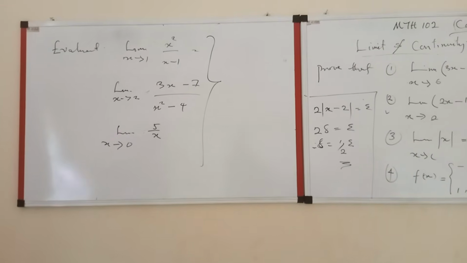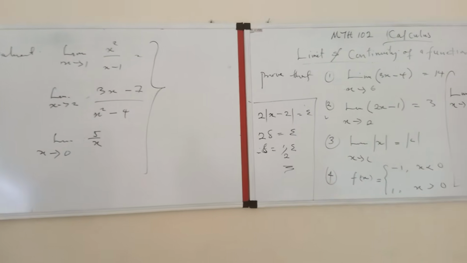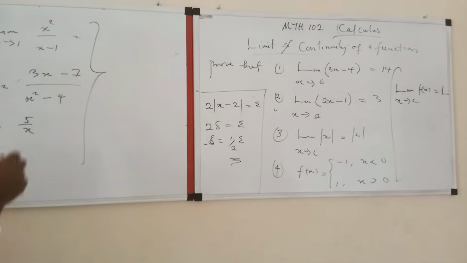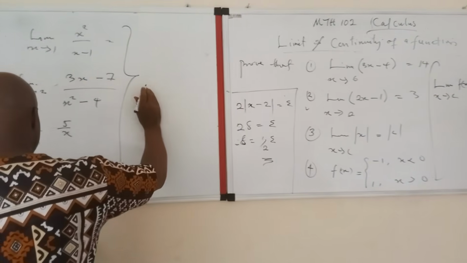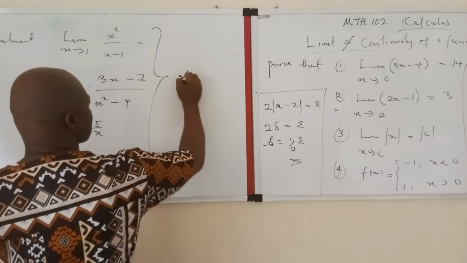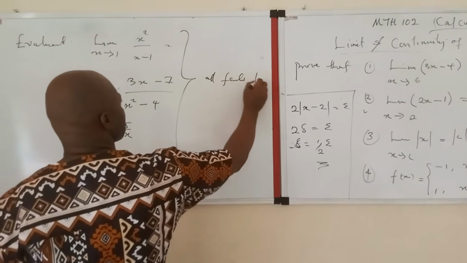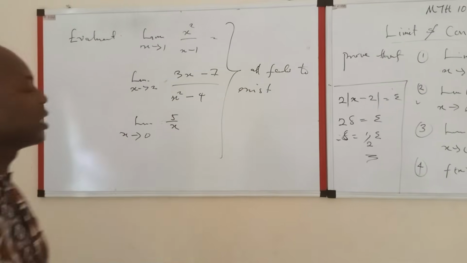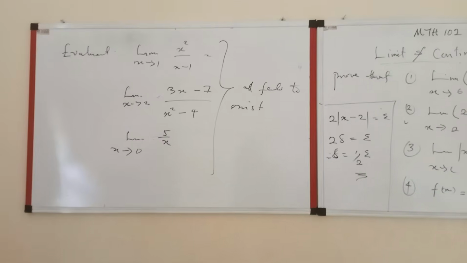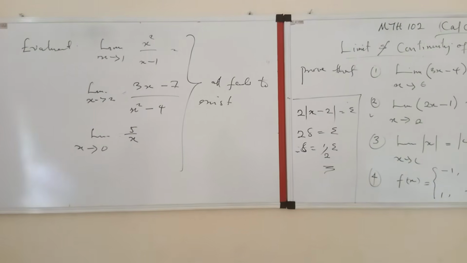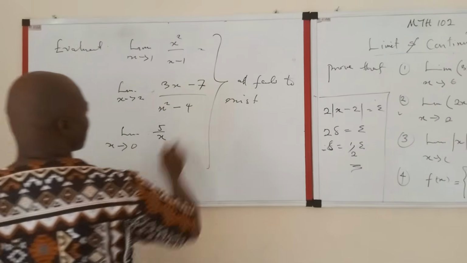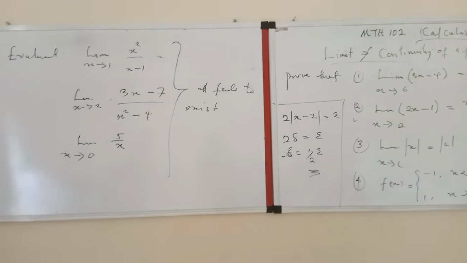They don't arrive at a particular answer when you check them from both left, right, and center. So in all these, you say all fail to exist. The limit doesn't exist in all these. I want the class to go and check them out. Then you will see that it doesn't exist.